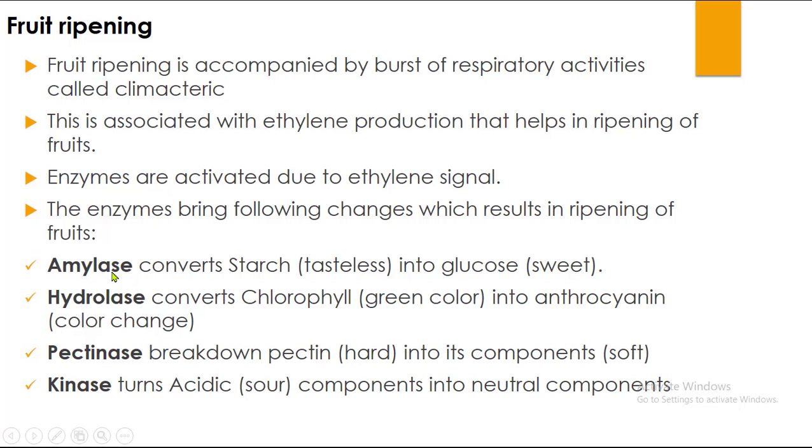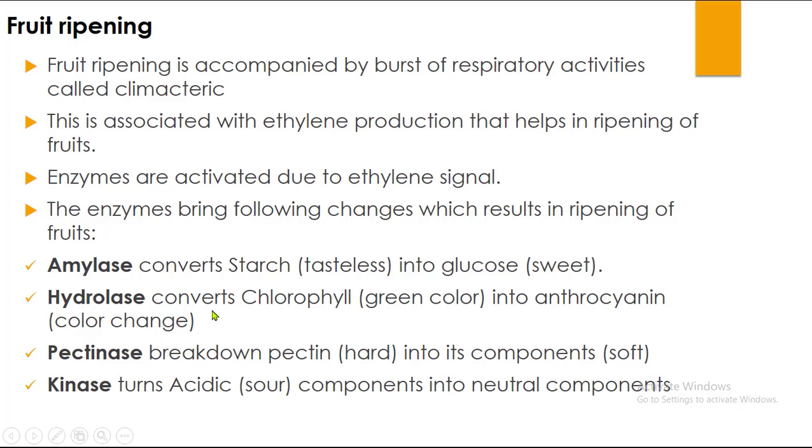First is amylase. Amylase converts starch, which is usually a tasteless carbohydrate, into glucose, which is sweet in taste. So this is the first characteristic of fruit: unripened fruit is usually tasteless or sour, but a ripened fruit is sweet in taste. Second is hydrolase. Hydrolases are actually a group of enzymes.